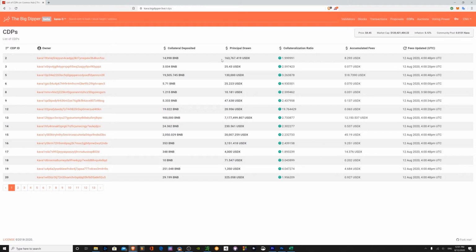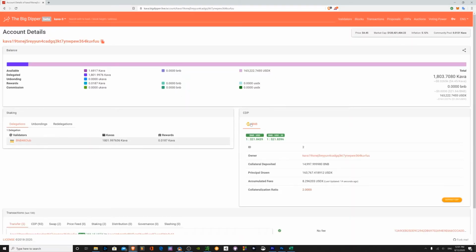And this person has taken out $163,000, right? So let's click on that one. So for this person who's taken out a $163,000 loan, that probably means that they have about $400,000 in Kava set aside, well, BNB set aside. In fact, you can take a look at their collateralized ratio.